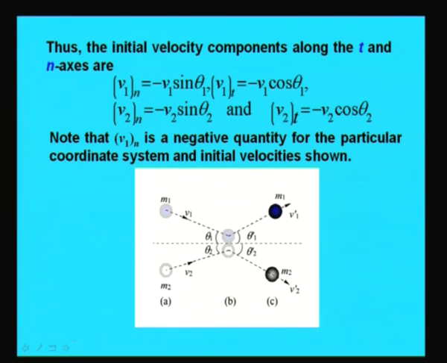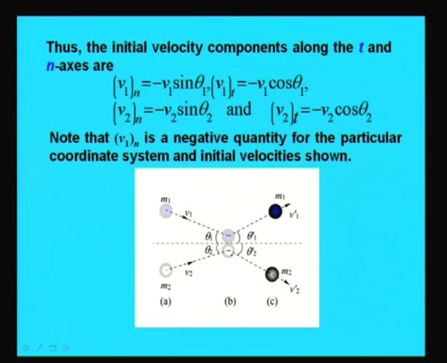Thus the initial velocity components along the t and n axes we can write as follows. Resolving v1 along the normal, v1n is equal to minus v1 sin theta 1, because it is coming downward, so we put a minus sign, and v1t is equal to minus v1 cos theta 1 in that direction.